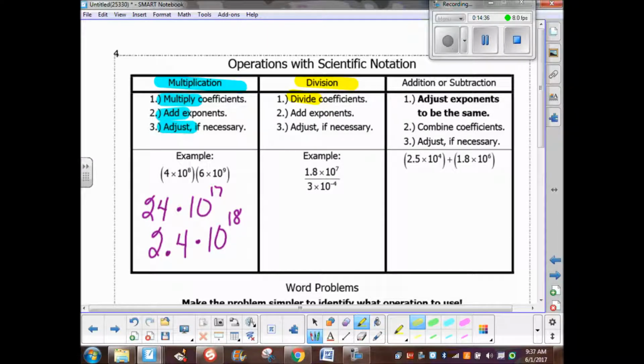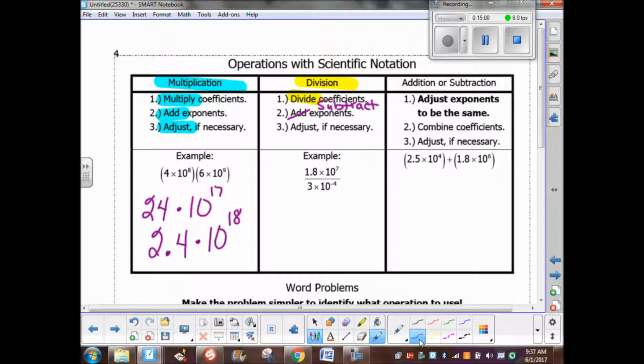Divide. What's wrong with that? What do I need to do with the exponents? I need to subtract. Adjust. Okay? Ready? Let's do it.